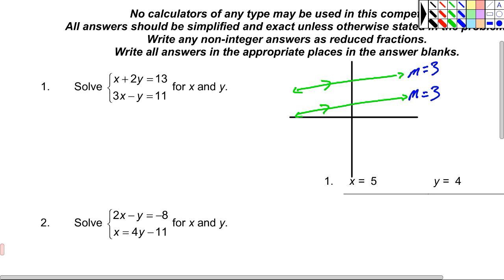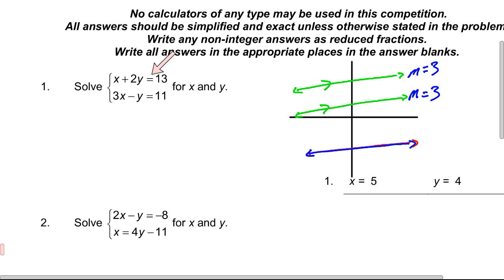And the only other scenario we could have is if I had a line like that and another line that was right on top of it, which means that those lines are exactly the same.